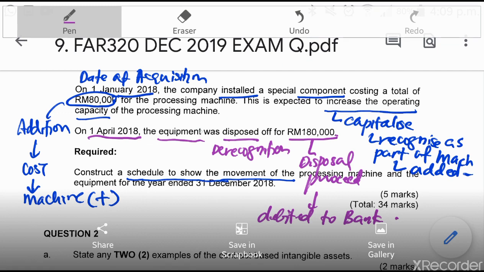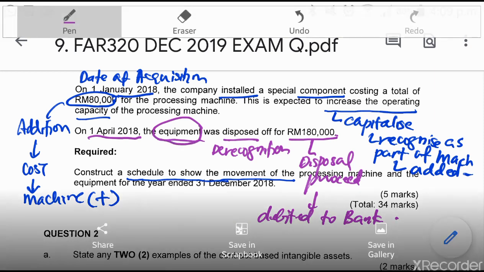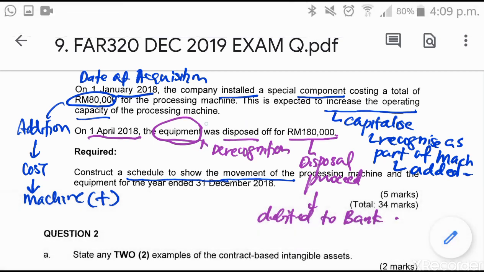And what you need to also know is that the equipment here is all the equipment, not just a part of the equipment, but the whole equipment. If you can still recall previously, the equipment that you purchased, that one cost 300,000. So the equipment that you purchased there was at cost 300,000.